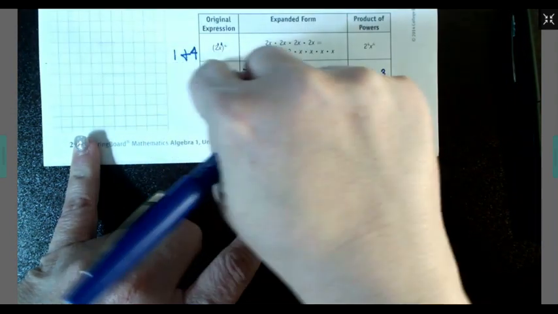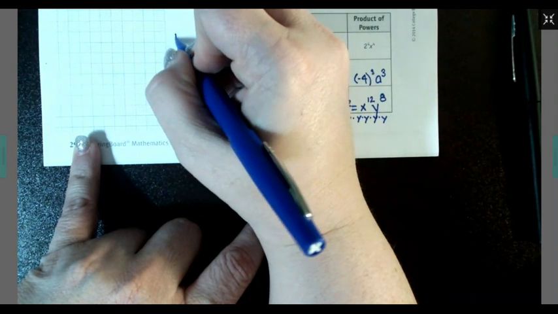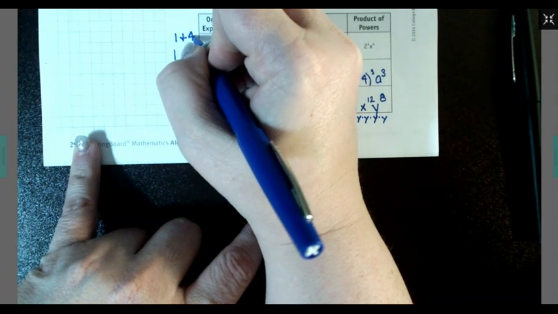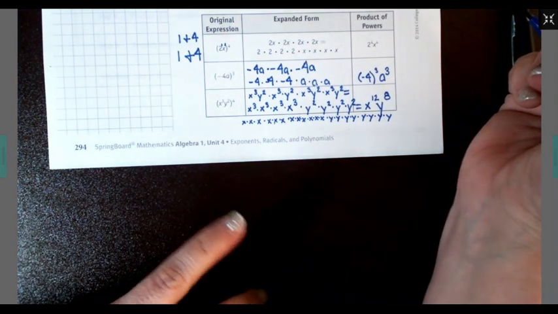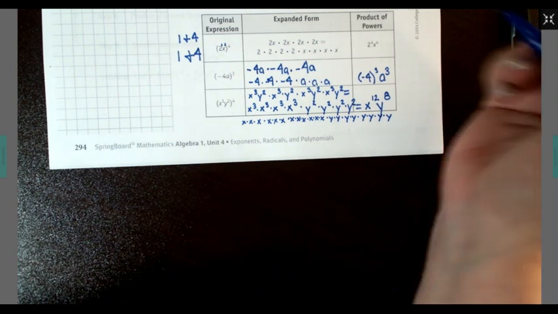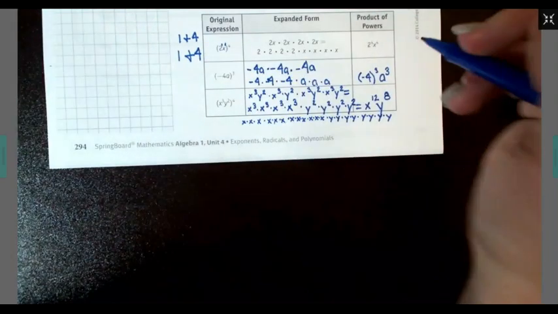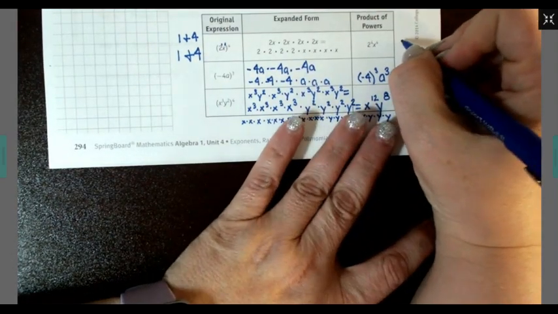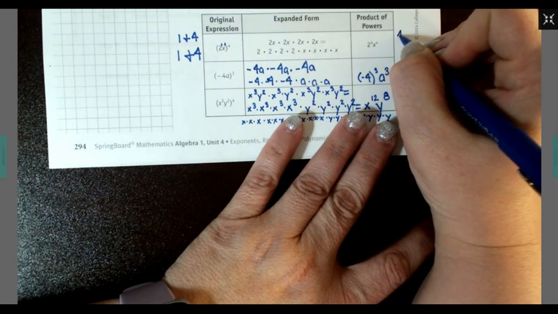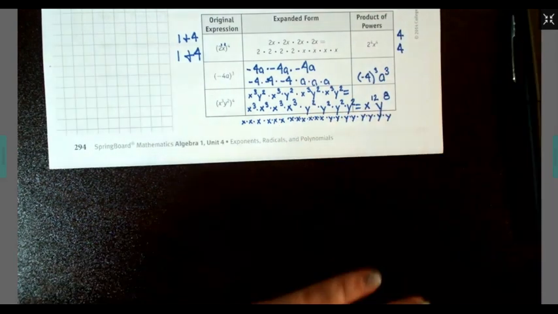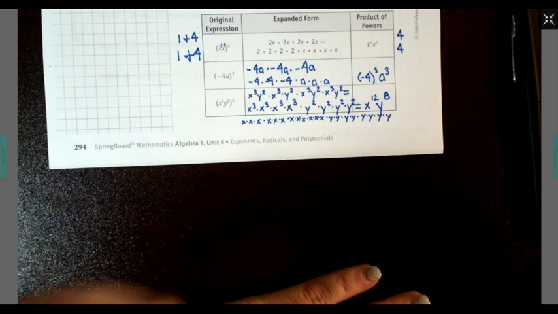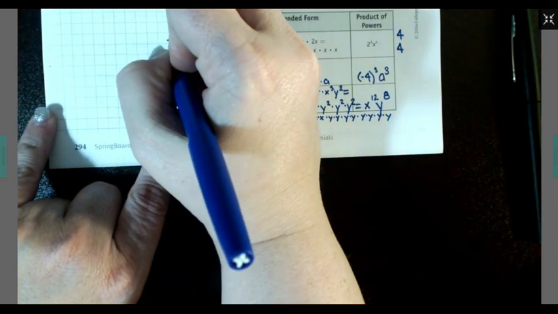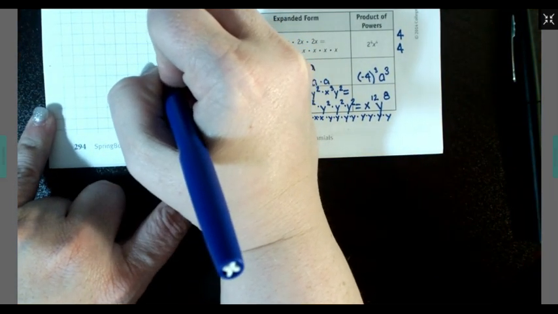So 1s and 4, and another 1 and 4, because there were two sets of 1s in the parentheses and a 4 on the outside. And here we had 4 and 4. We can say that this is talking about the 2, and this is talking about the x.